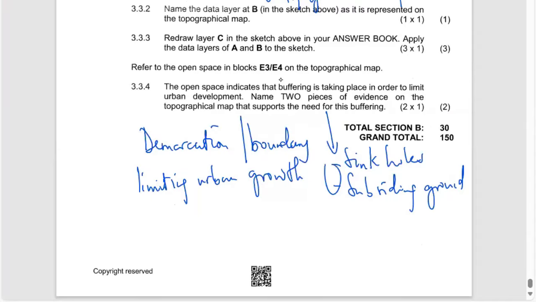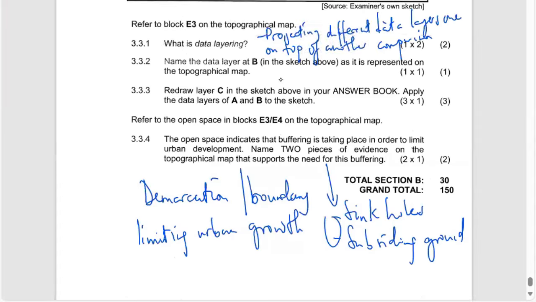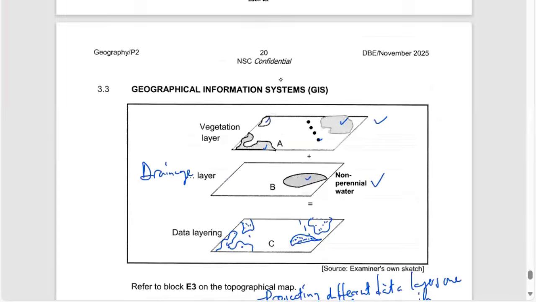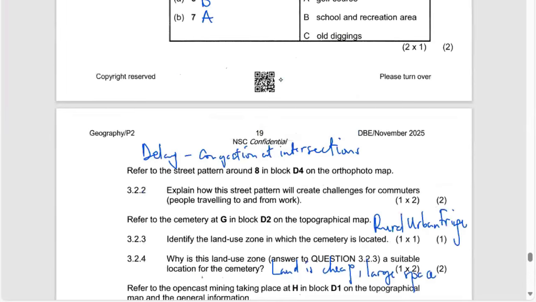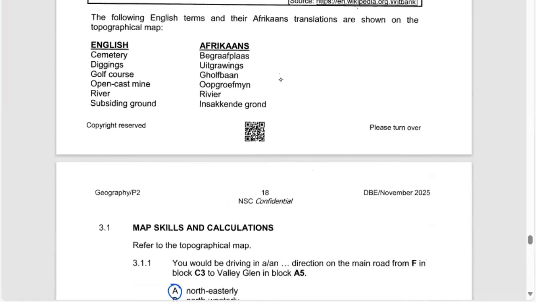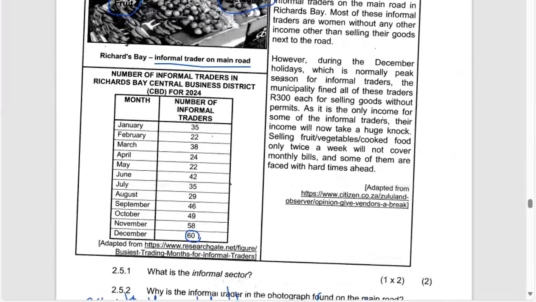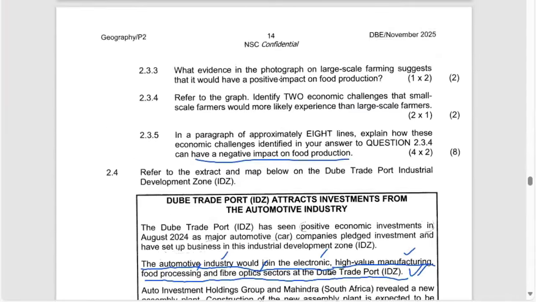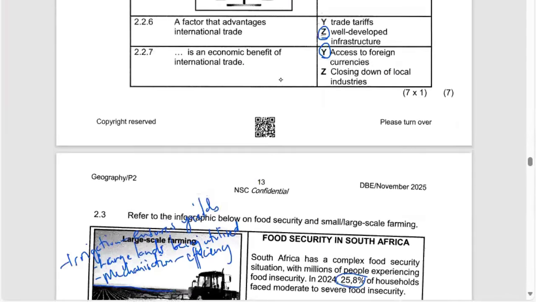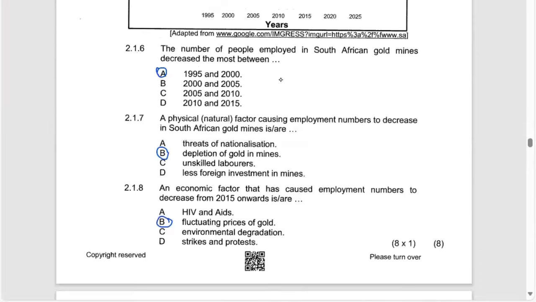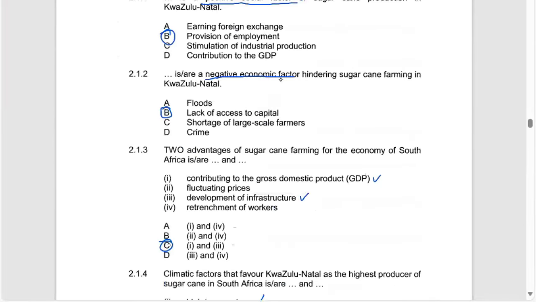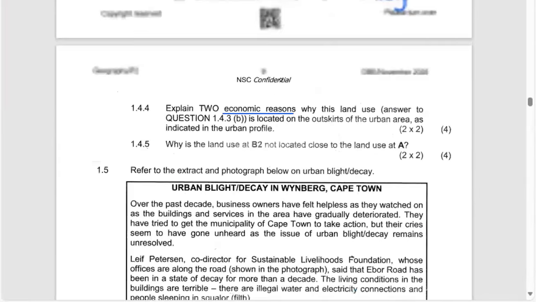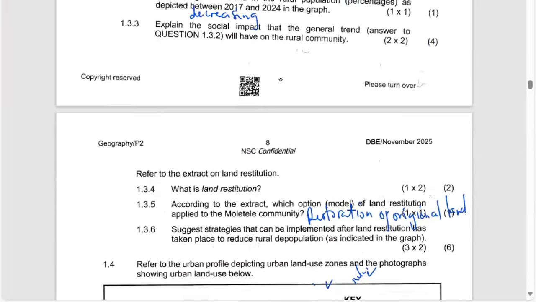Right. With that being said and done, that has taken us to the end of this discussion session. We have safely come to the end of our discussion. So from my overall impression of this paper, I can say this is plus or minus an average paper. An average in the sense that we are looking at the potential of an average learner.